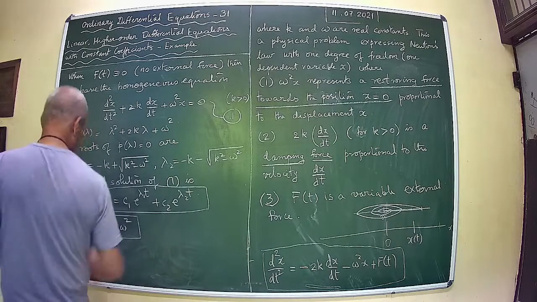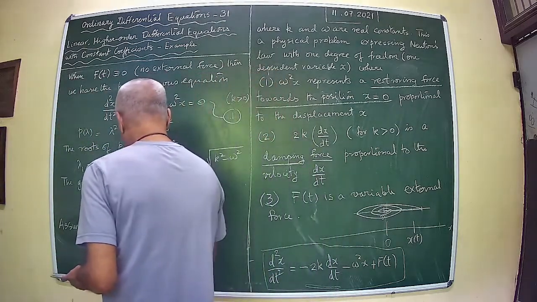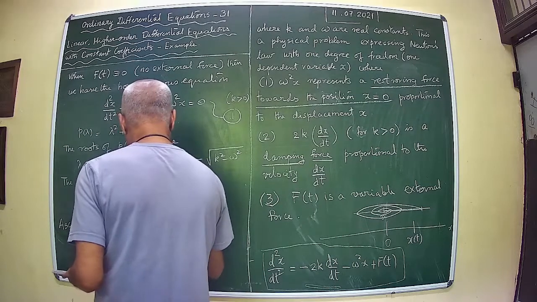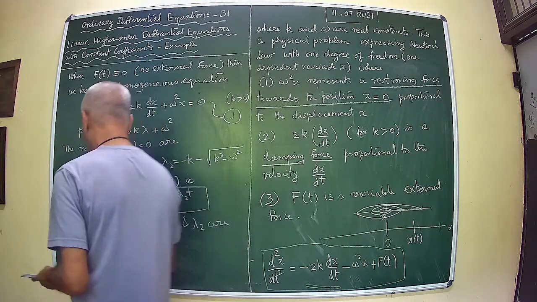This is the assumption. Then lambda 1 and lambda 2 are non-real.